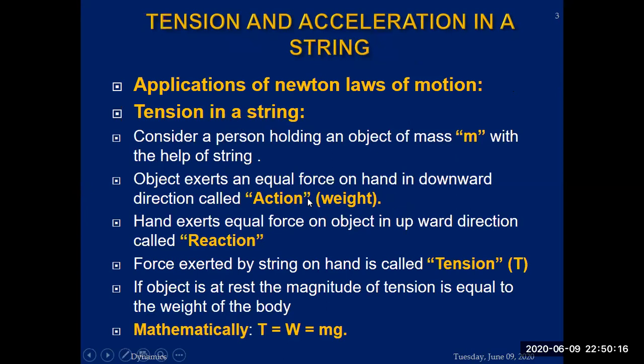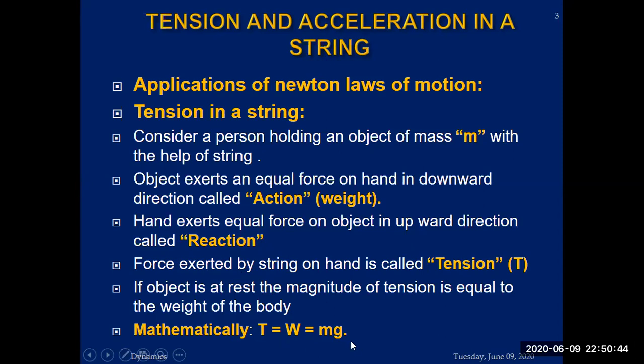That is the action, in the form of weight, and the hand is also applying a force in upward direction on the object, which is called reaction. The force exerted by the string on the hand is called tension, and if the object is at rest, the magnitude of the tension is equal to the weight of the body. Mathematically, tension is equal to weight, and weight is equal to mg. So this is the concept.